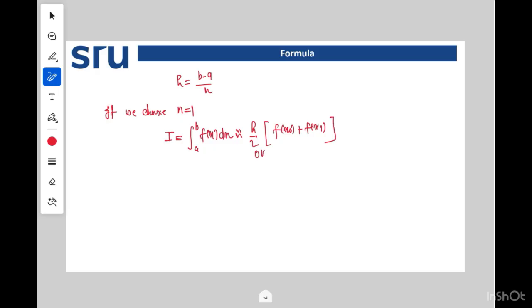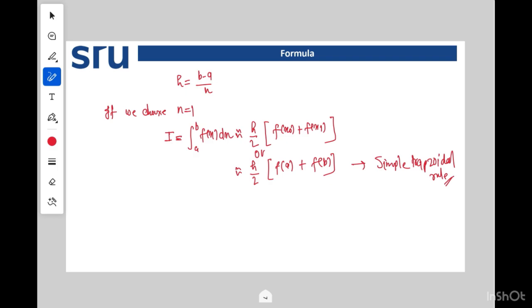Since x0 is your initial point, equal to a, this is h by 2 into f of a plus f of b. So this one is called the simple trapezoidal rule, or sometimes we say it is called the 2-point trapezoidal rule.